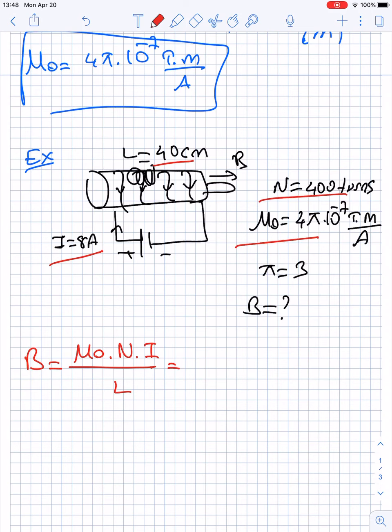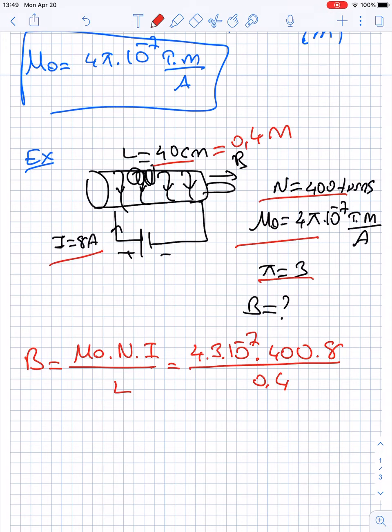Mu 0 is 4 times 3 times 10 to the power minus 7, N is 400, current is 8 ampere, over L, which is 40 centimeter, always 0.4 meters.